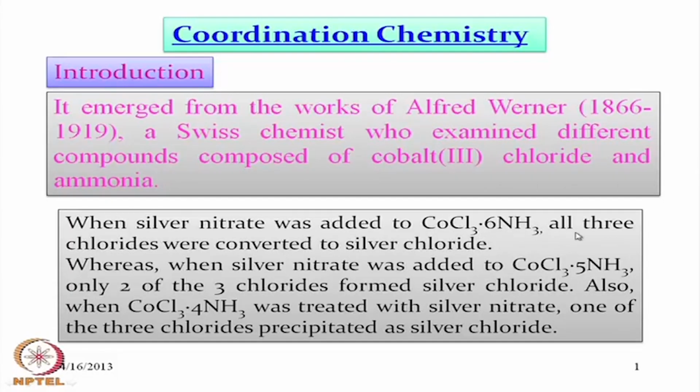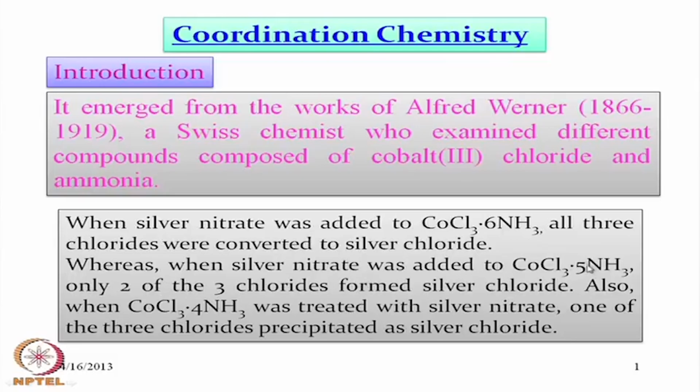In this particular case, depending upon the stoichiometry of the silver nitrate utilized for removal of all the chloride anions, the amount of silver chloride precipitated out tells us that all the 3 chloride ions are converted to silver chloride. That means all the chloride ions are present in this species as anionic Cl minus. It is not directly attaching to the cobalt center giving some covalent bond. This is a typical ionic bond and all the chloride ions can be removed.